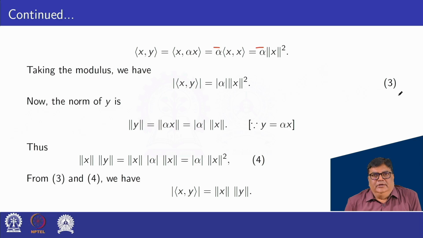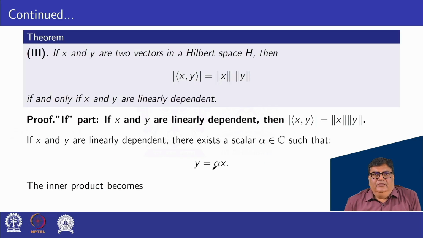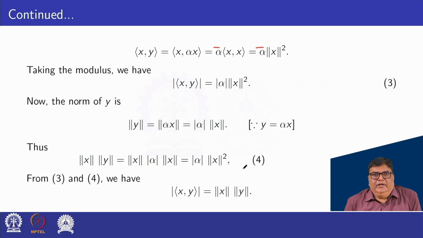This is equation 3. Now the norm of y, here y is equal to alpha x, then norm of y is equal to norm of alpha x, equal to mod alpha into norm x.